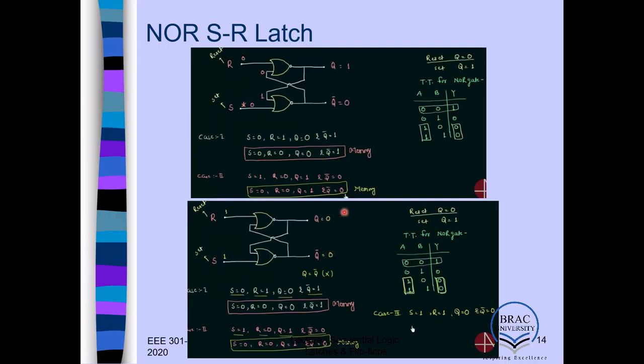If either of the inputs is 1, like this one 1, this could be 1 or 0. Similarly this one could be 1 or 0. Then output 0. So for this one output 0, for this one output 0. So Q and Q prime become 0, 0.